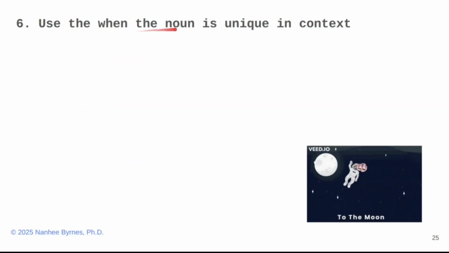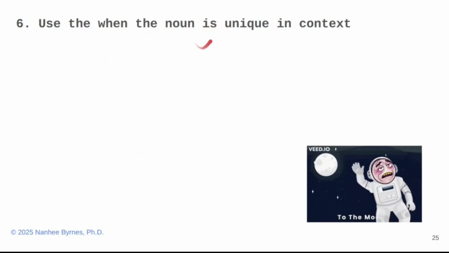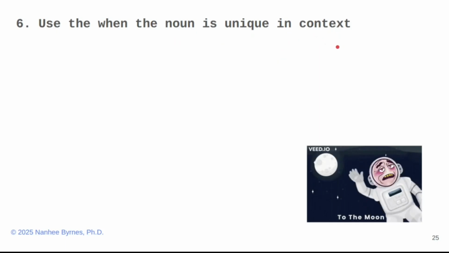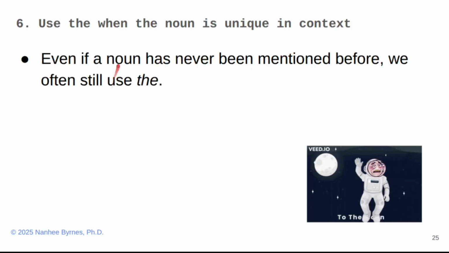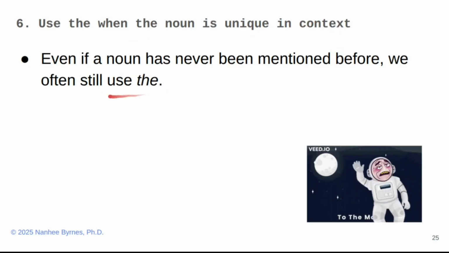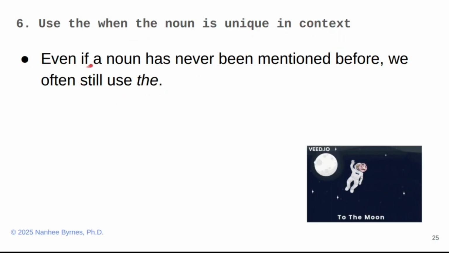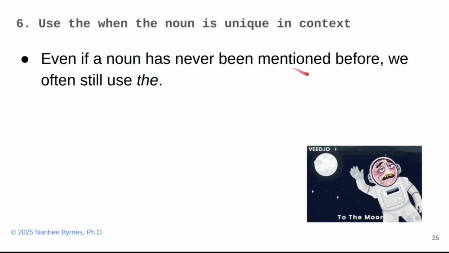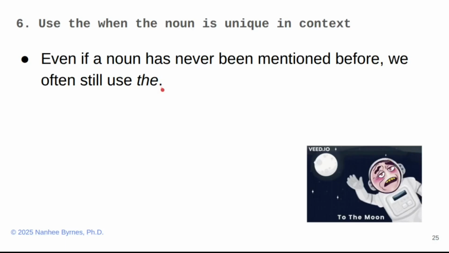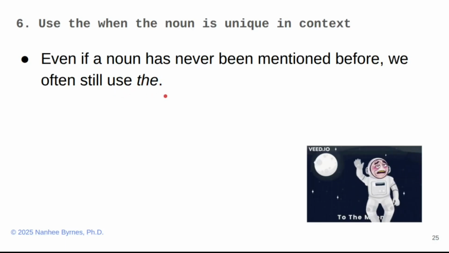Rule 6. Use the if the noun is unique in the context. So far, we've learned that we use the when something has already been mentioned and the listener knows exactly what we're talking about. But here's something interesting. Even if a noun has never been mentioned before, we often still use the. Why?